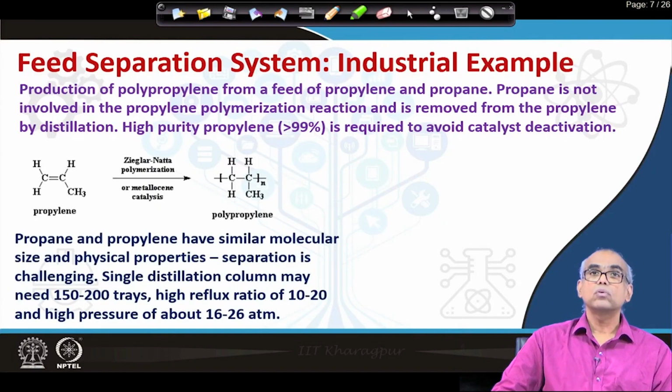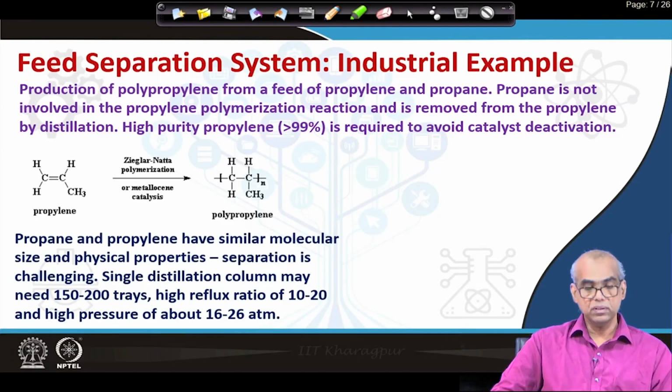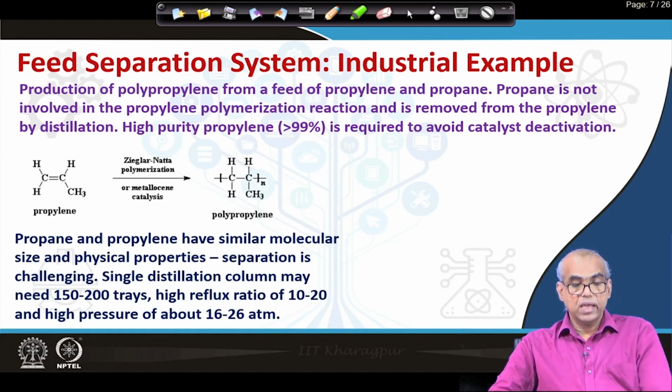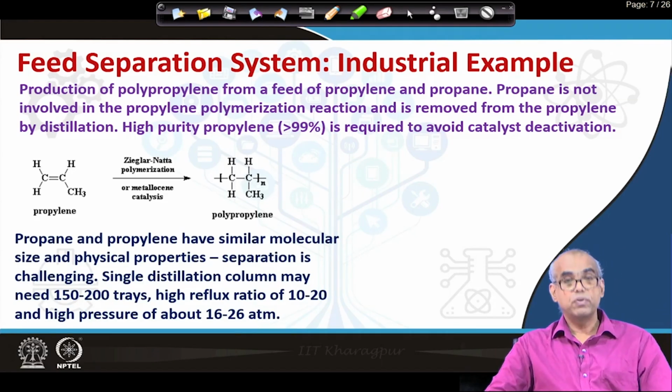Now, when it comes to separation of propane and propylene, both these species have very similar molecular size and physical properties. So, this makes separation of these two components very difficult.